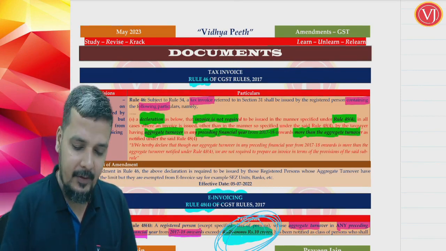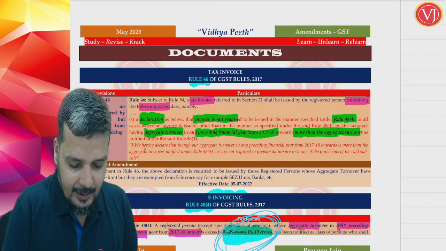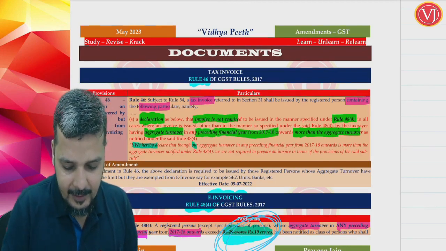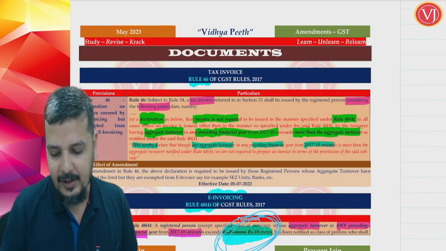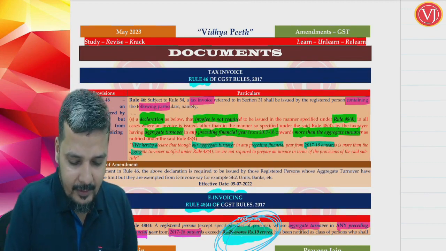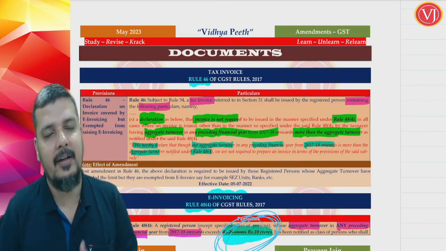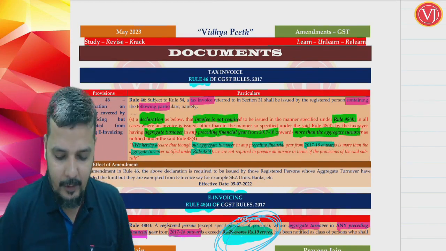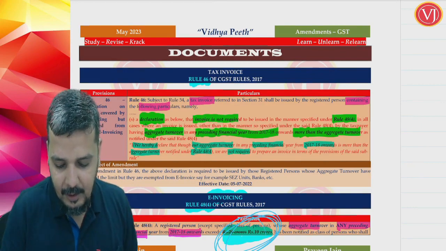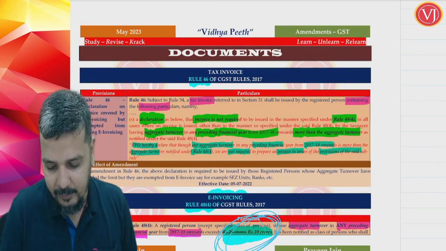So what declaration? I or we hereby declare that our aggregate turnover in preceding financial years from 17-18 onwards is more than the aggregate turnover for e-invoicing. We accept that it is more, but still we are not required to prepare e-invoice.